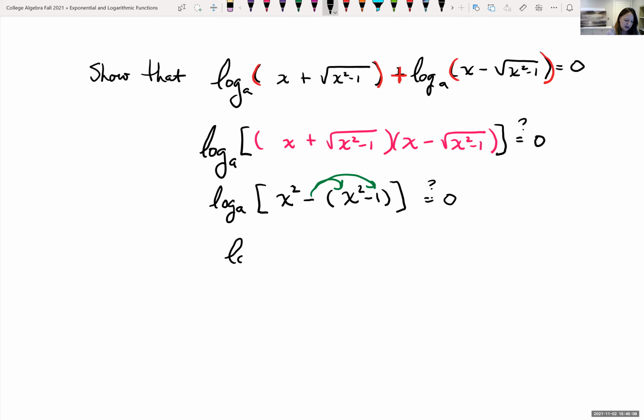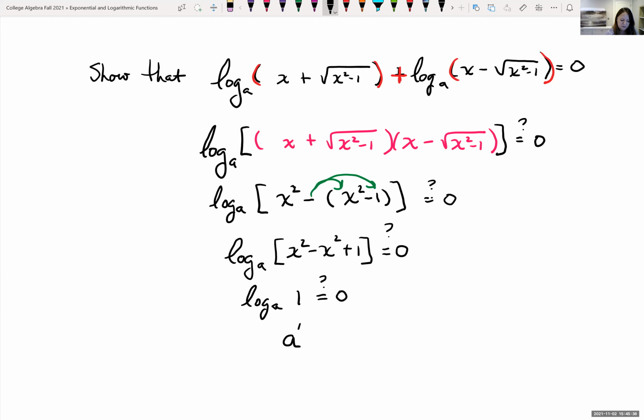And so we have log base a of x squared minus x squared plus 1 equals 0. Those x squares cancel, so we have log base a of 1. We're showing that that's equal to 0. Well, it's true, right? If I rewrote this in exponential form, a to the 0 power is equal to 1, which it is.